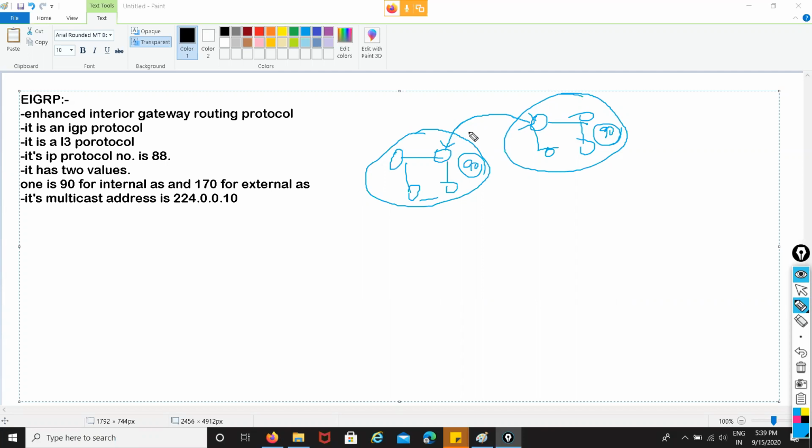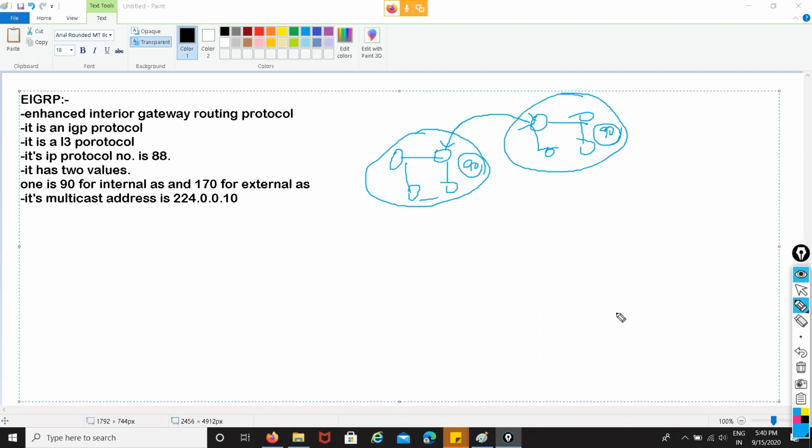That's why EIGRP uses 170 for its external AS, to specify that the network belongs to an outer AS. The last point is that it uses the multicast address 224.0.0.10, which simply means that among all the routers, they can negotiate dynamic packets to share information with each other.